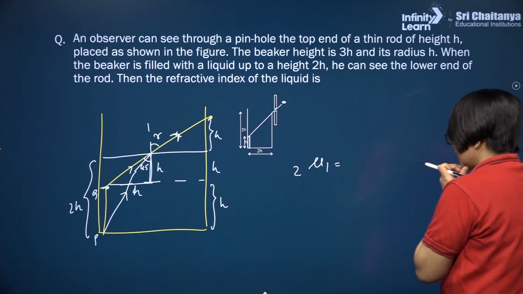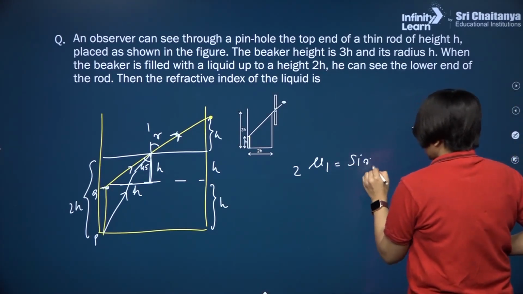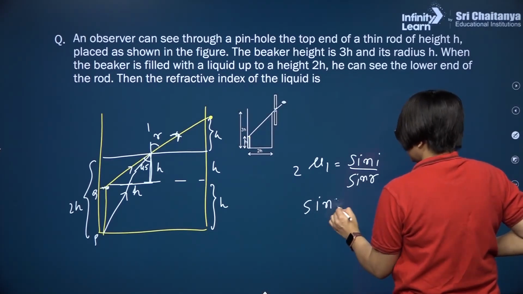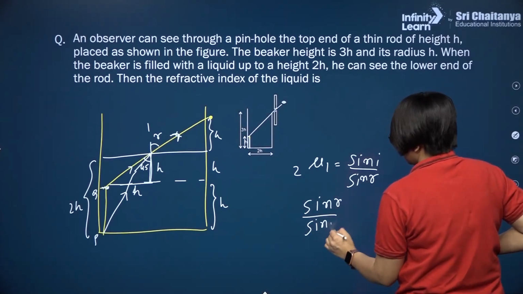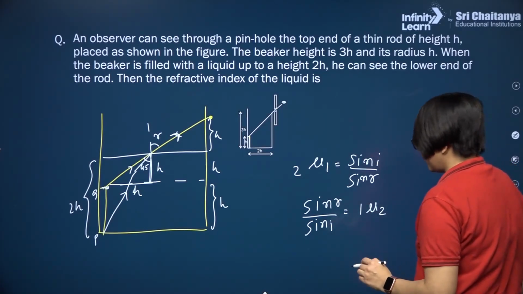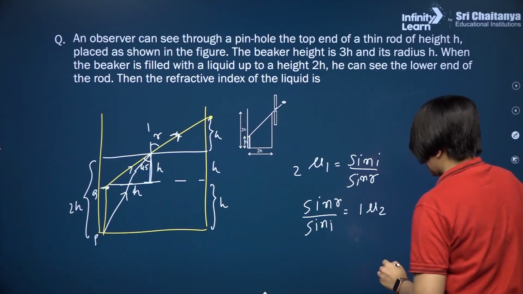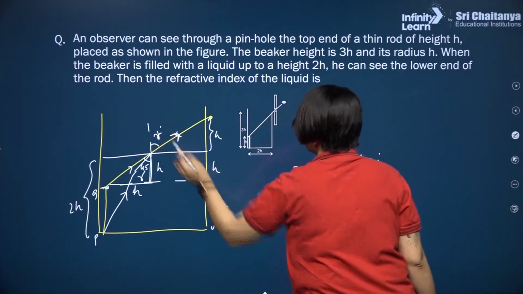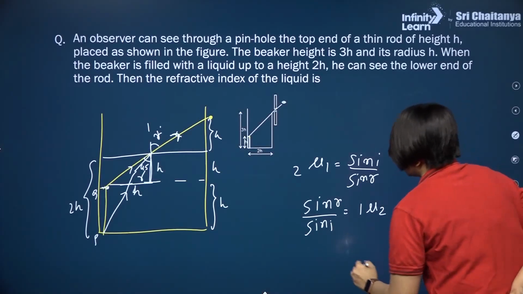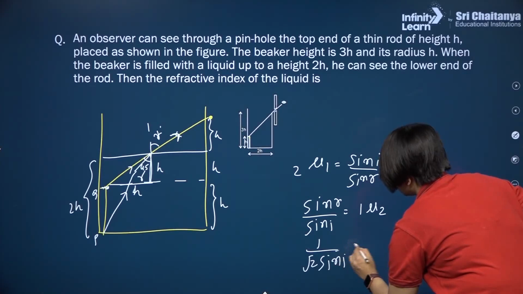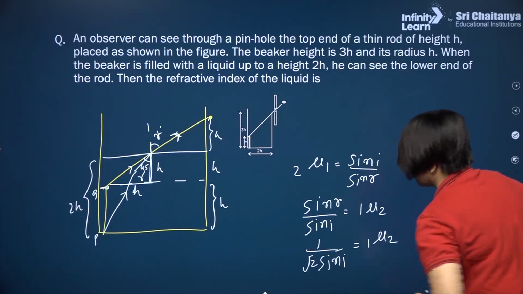So sine R upon sine I is 1 mu 2, right, and the R is 45 degree over here. So in this case, 1 upon root 2 times sine I is equal to 1 mu 2, right.